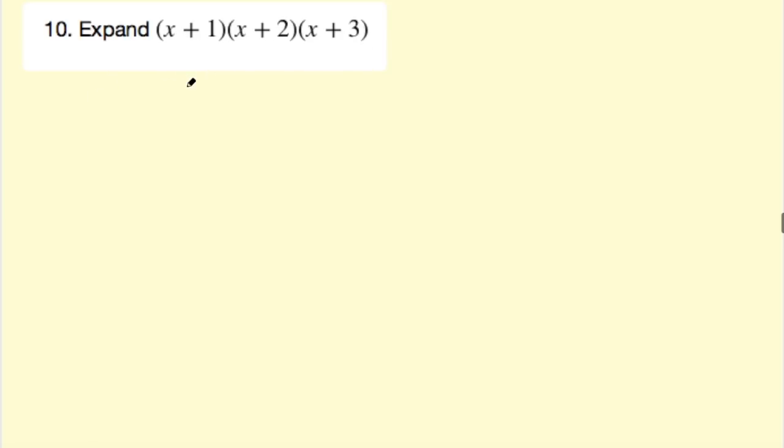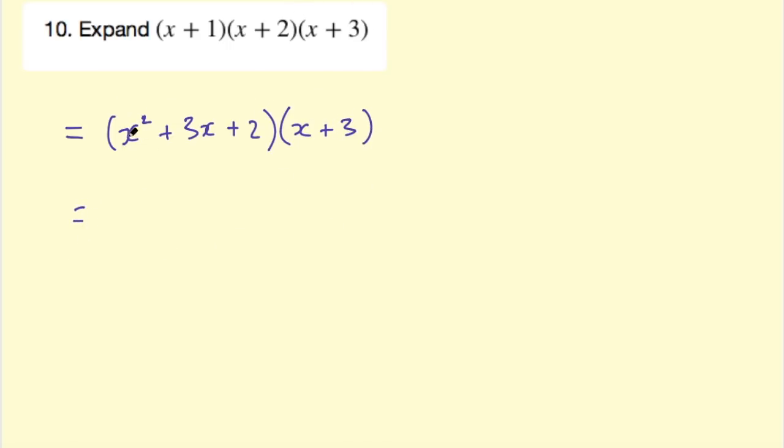It said expand these brackets, x plus 1, x plus 2, x plus 3. And all you really need to do is multiply the first brackets and then expand with the last lot of brackets. I just thought this was a nice question. I think it was worth 3 or 4 marks, so I think most people should have been able to get this. So let's expand the first 2 brackets, x squared plus 3x plus 2, and then x plus 3.